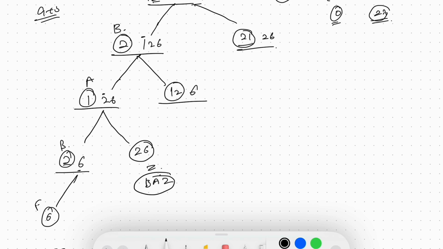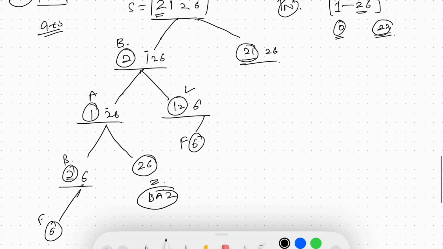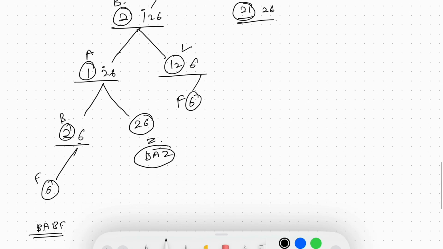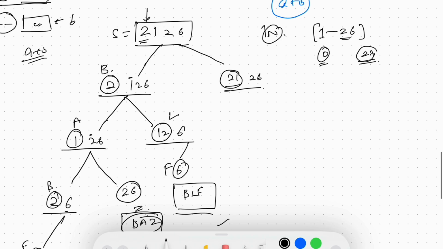Yes. 1 2 will be decoded to L. And now we will decode 6. 6 is decoded to F. So it has become A, L, F. So we have captured two answers so far.